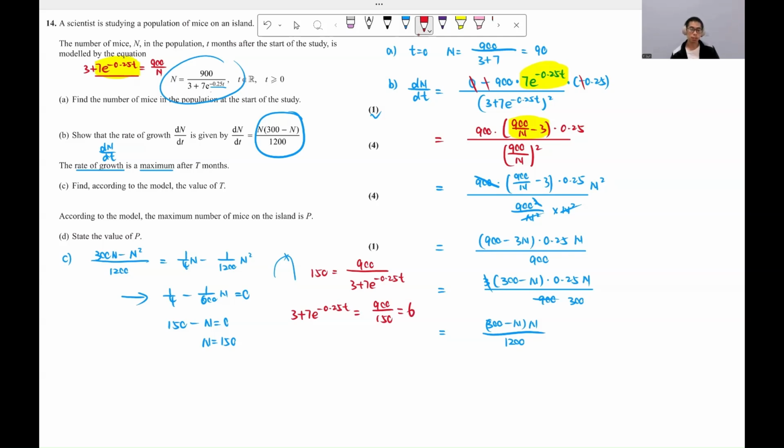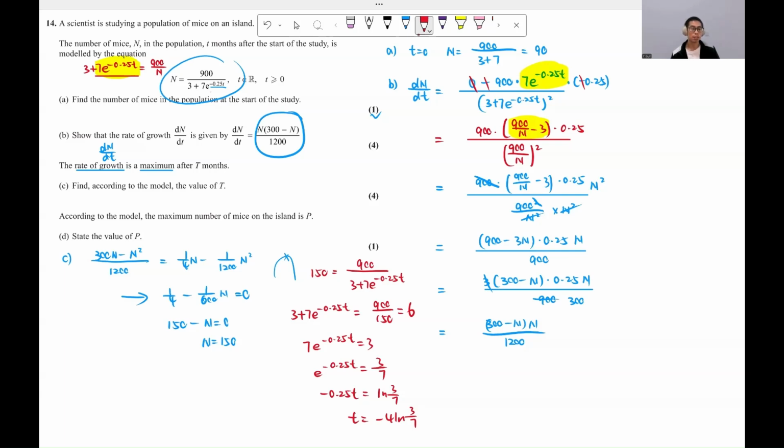And then minus 3 for both sides. And then 6 minus 3, just 3. And divide by 7 for both sides. So e to the power negative 0.25t is equal to 3 over 7. So that means negative 0.25t equal to ln of 3 over 7. So then t is just equal to negative 4 times by ln 3 over 7. Because this 0.25 is just 1/4, we times by 4 for both sides and also negative for both sides to get t.